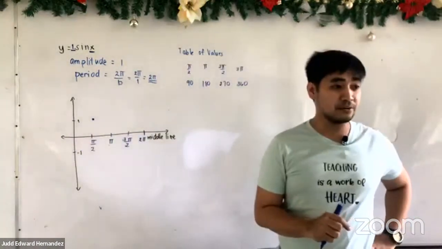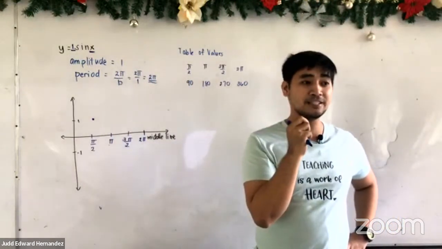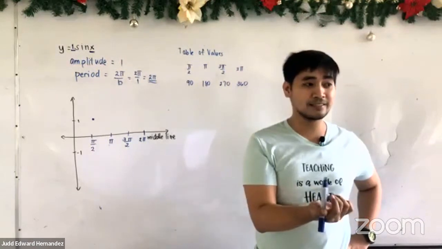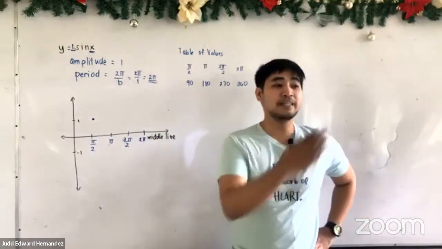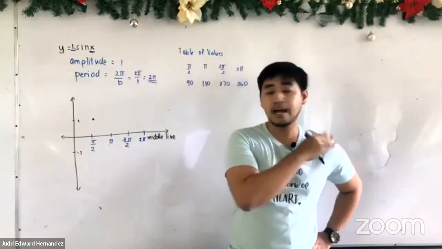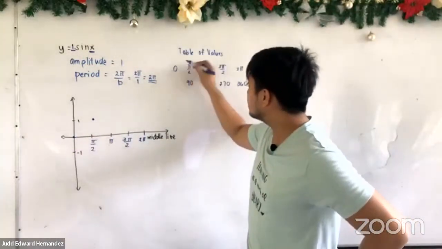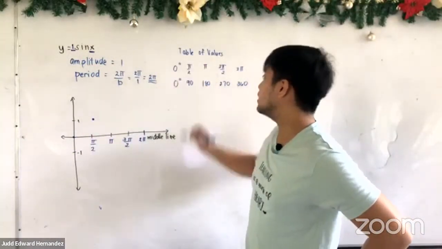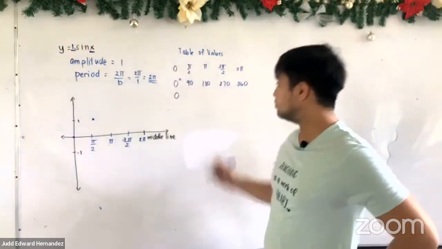What is sine 0? Saan pa tayo nagsisimula dito? Is there a sine here? Wala po. Therefore, sine 0 is 0. Okay, lagay natin dito 0 degrees. Therefore, sine 0 is 0.